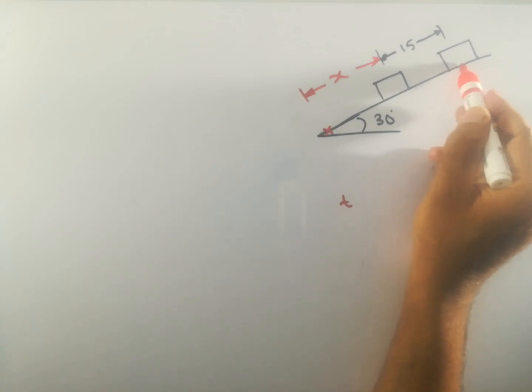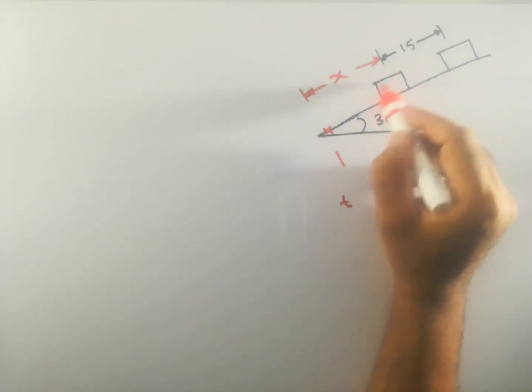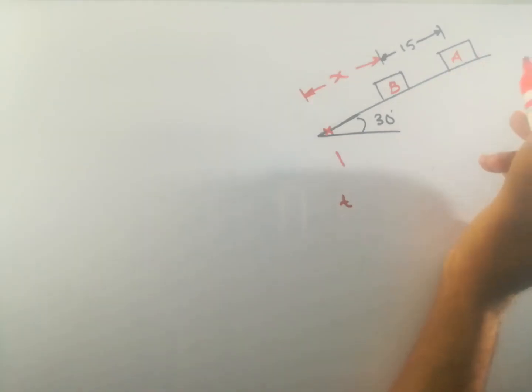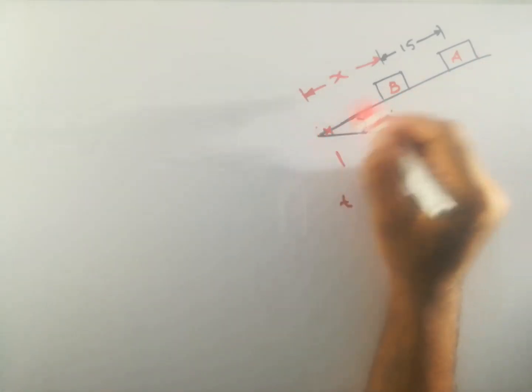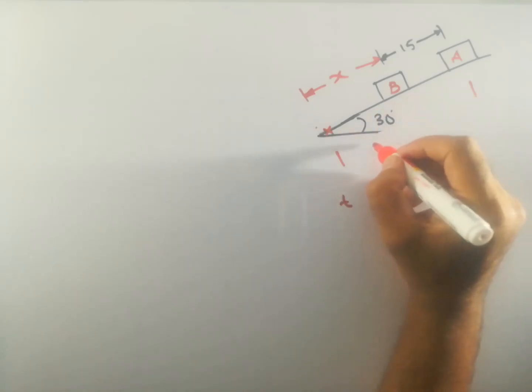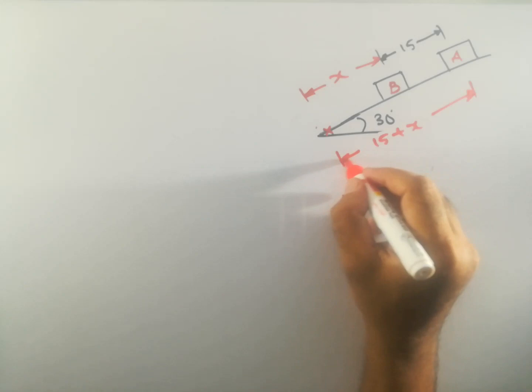So during that time, t seconds, B will travel, so this is B, this is A, B will travel a distance of x meters and A will be traveling a distance of 15 plus x meters, is it not?